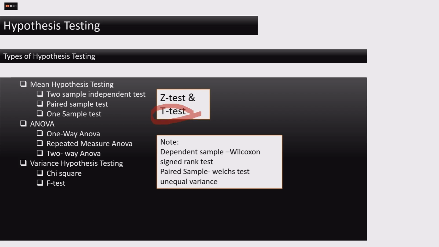Another thing I put here to note is that for dependent samples, there is the Wilcoxon signed-rank test. For cases where we are not dealing with ordinal data, we are dealing with ranked data, we can use this. If it doesn't satisfy the condition for hypothesis testing, we can use this for dependent samples, and we can use this when it doesn't satisfy the condition of equal variance. For those of us who are into statistics, you might understand what I mean here.